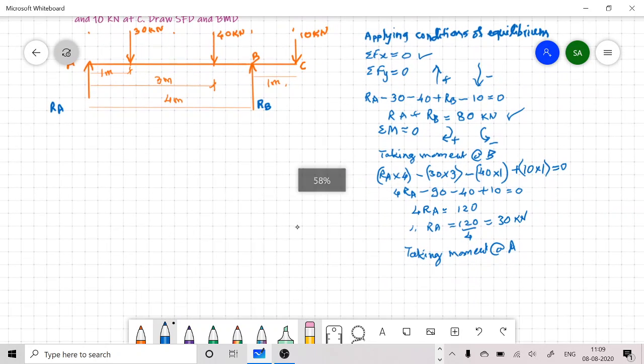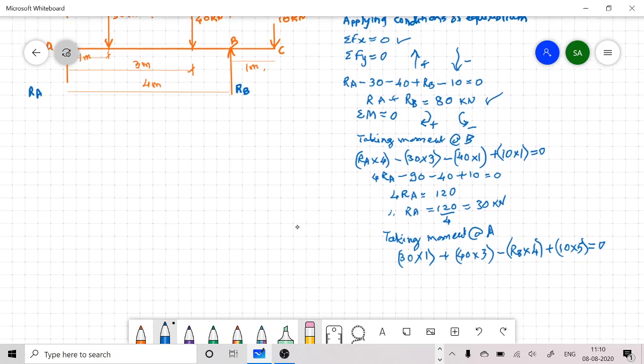Then 30 into 1, this is a clockwise moment, so positive. Plus 40 into 3, again clockwise, positive. Minus RB into 4, anticlockwise, therefore minus, plus 10 into 5. See, the distance is 5 up to A, that is equal to 0.